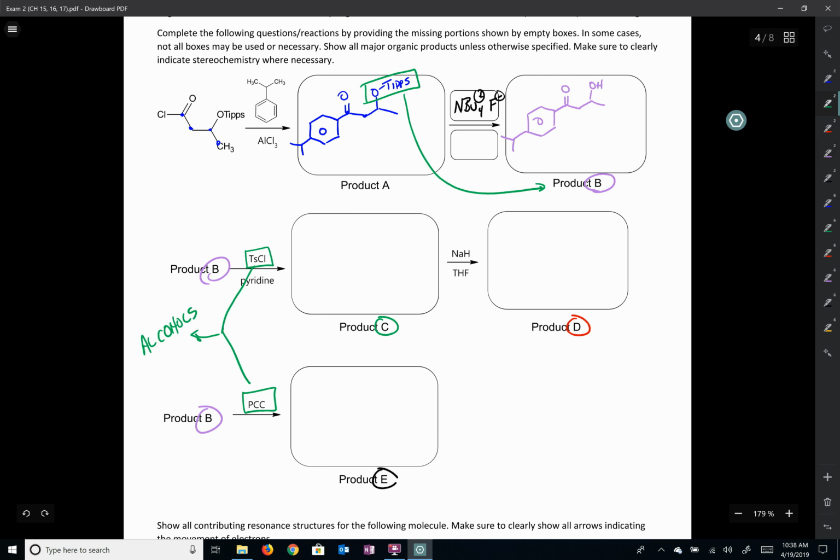Now we can take that and continue on. So now we're going to take product B and react it with the tosyl chloride, which means we're going to take our alcohol group and turn it into a tosylate. Remember, our tosylate is an extremely good leaving group, so we can make it leave with a nice hydride there.